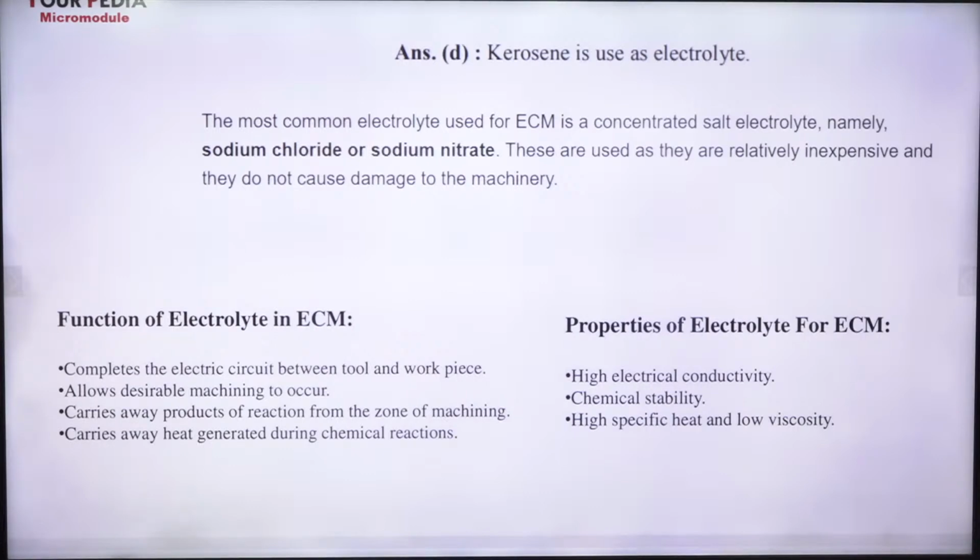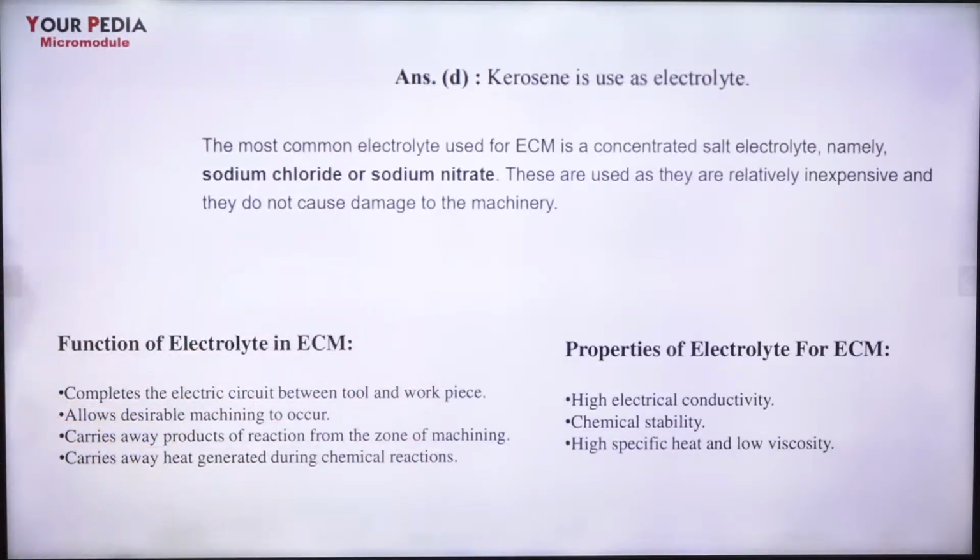It should have high thermal conductivity, high chemical conductivity, low viscosity, high specific heat, high chemical stability. These are important points. You will stop the slide later on and note down the things.